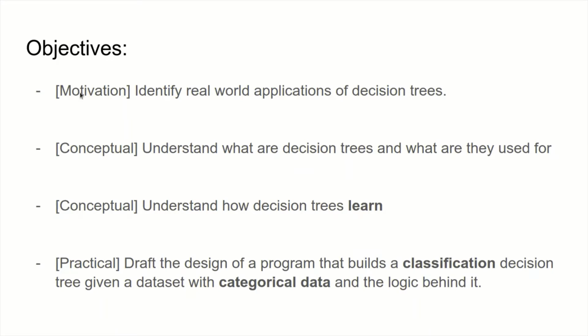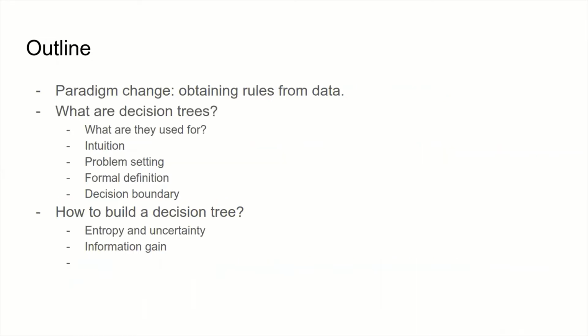So notice that first we're going to see why, then we're going to see what, and then we're going to see how. And finally, after watching the theory and studying it, we're going to do a more practical exercise, and I'm going to show you some pseudocode for implementing it. So this is the outline we're going to follow.